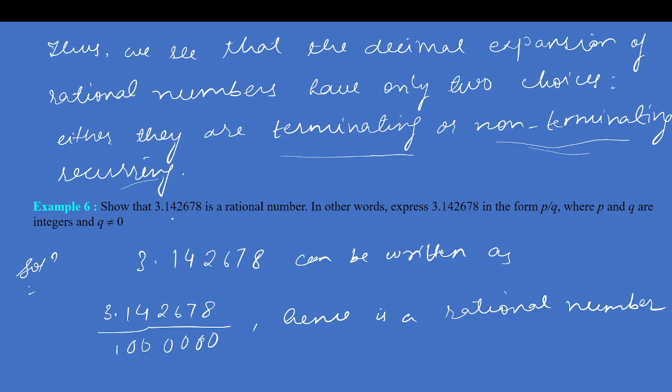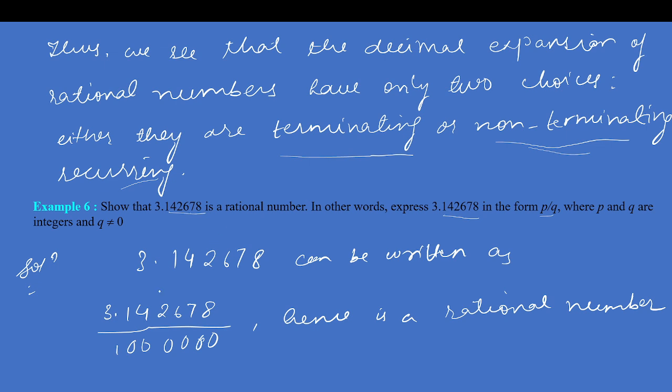3.1142678 is a rational number, in other words, it can be expressed in the form p by q. This is terminating; there is no bar, nothing is placed over it. It has been asked to express it in the form p by q.